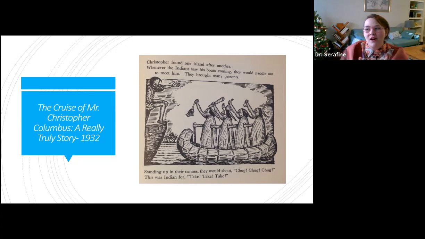I also want to pause here and talk about these textbooks, or these children's books, I should say, as a secondary source. In 1932, this was a secondary source. It used primary sources, maybe misused some primary sources, and made a historical argument. For us then, we're looking at this as a secondary source. It's making an argument about Columbus.